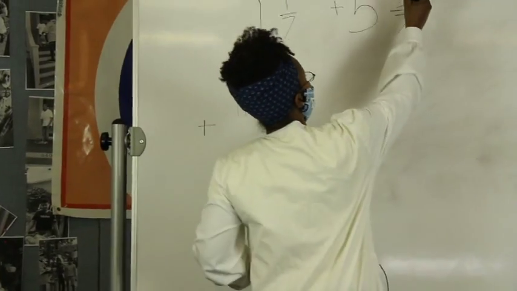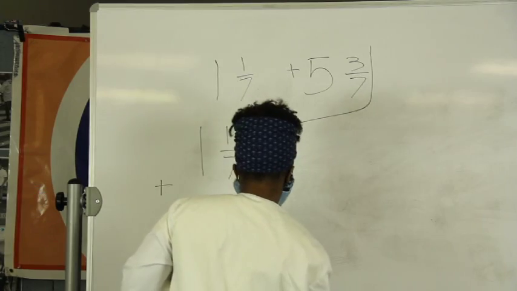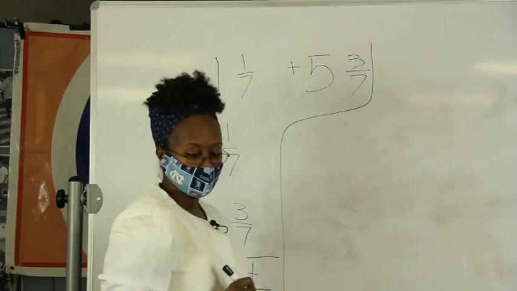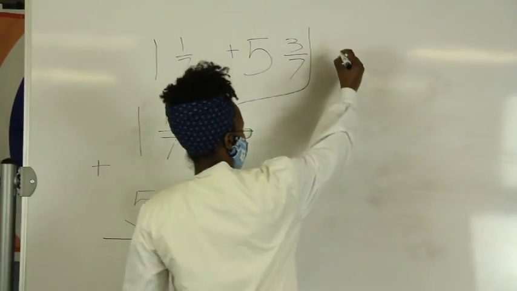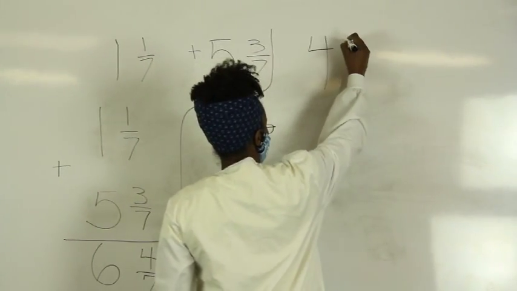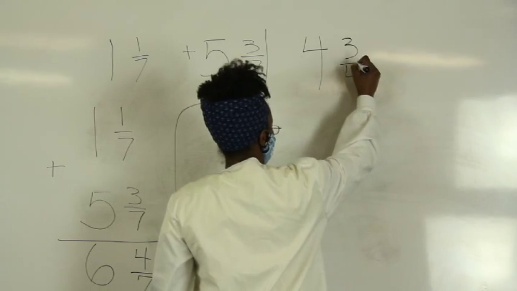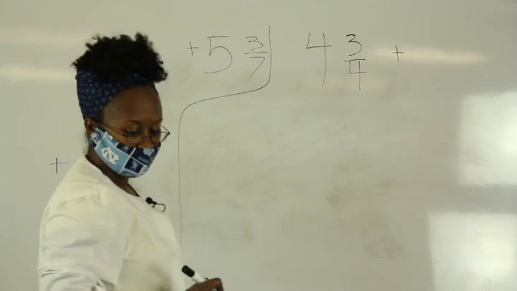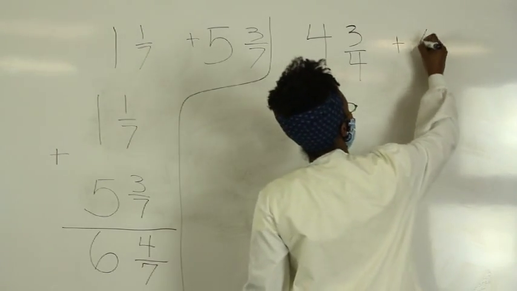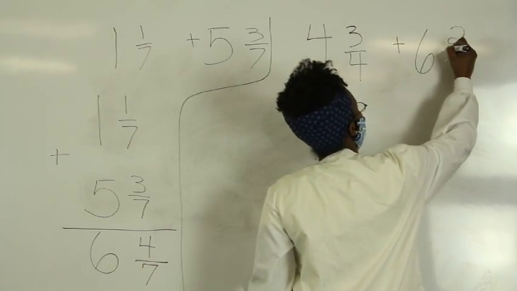So, just so you don't get confused, I'm going to kind of mark that one so that we can separate them really well. The next problem is 4 and 3/4 plus 6 and 2/4.